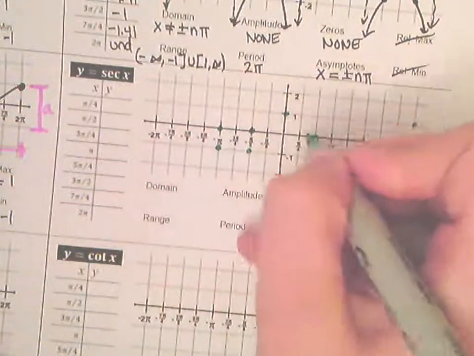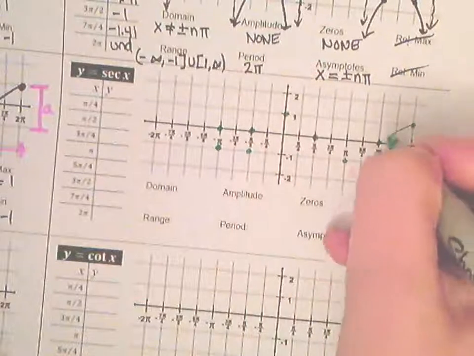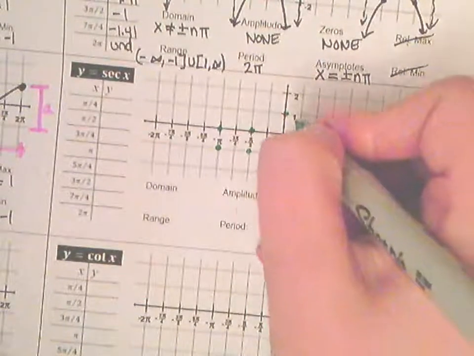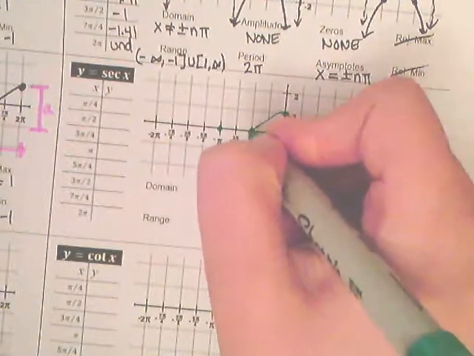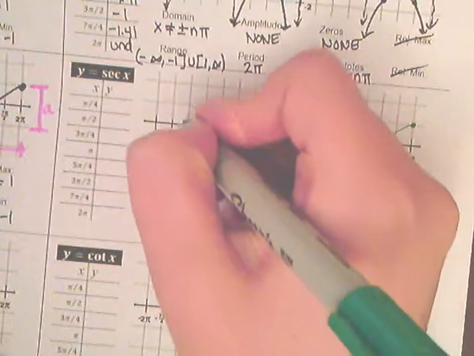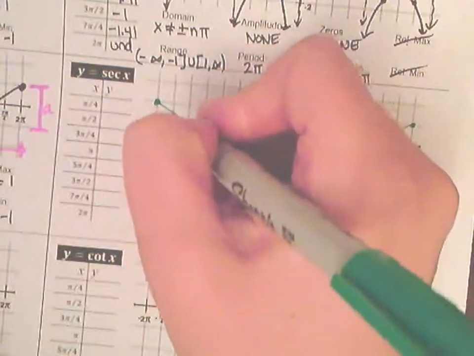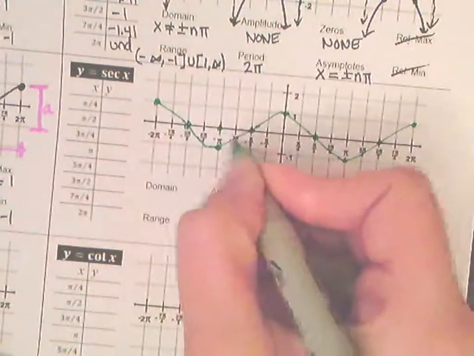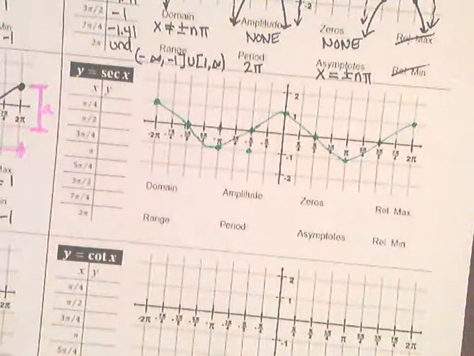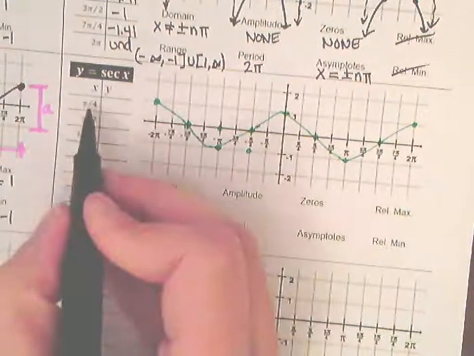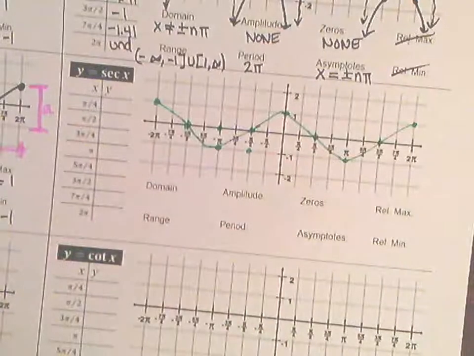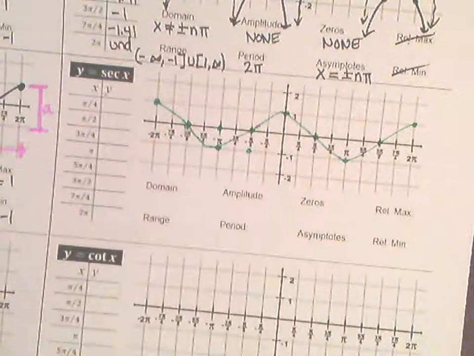I don't have whiteout to fix that. Okay, please ignore those 2 points. That is my fault. All right, so now the secant is the inverse of cosine. So I'm just going to start this off right here.